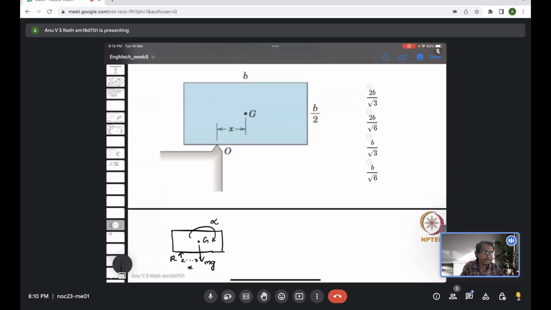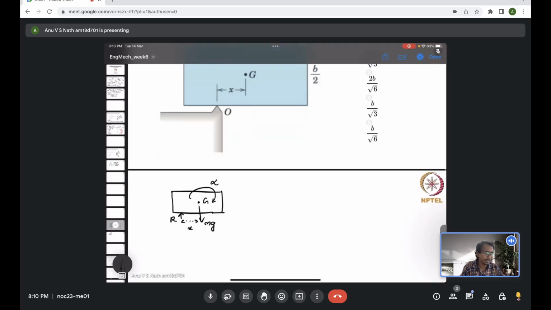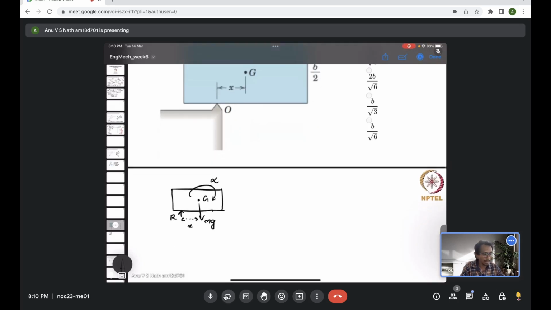It will anyway rotate in a clockwise manner, so I will choose that convention for alpha. It's angular acceleration alpha. And now, this is its equilibrium equation. Give me a second.